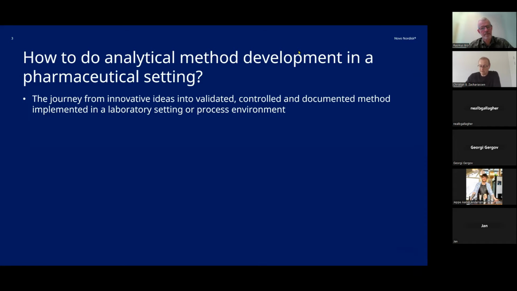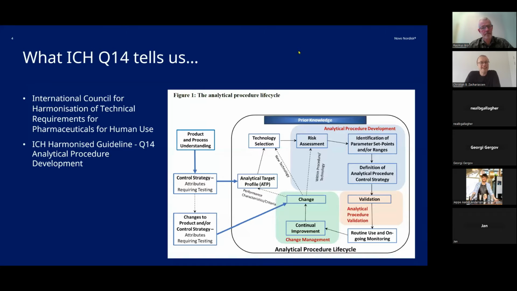And if you look towards the governing bodies, one example of how to do analytical procedure development, you can ask the International Council for Harmonization of Technical Requirements for Pharmaceuticals for Human Use, that is the full name.